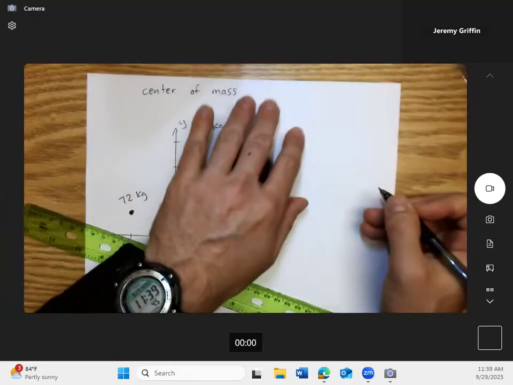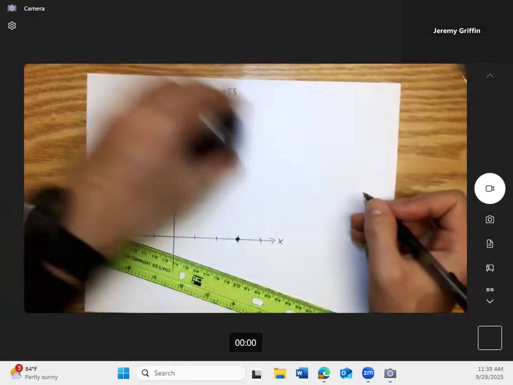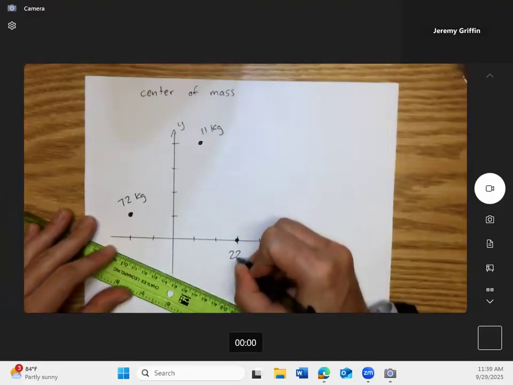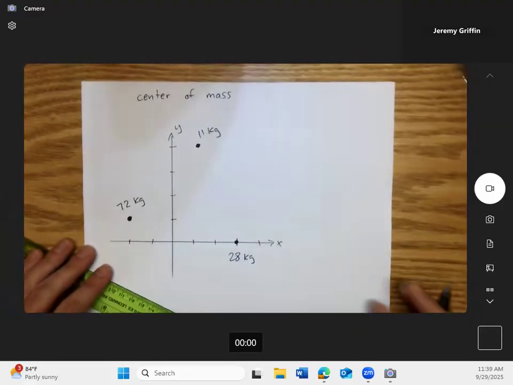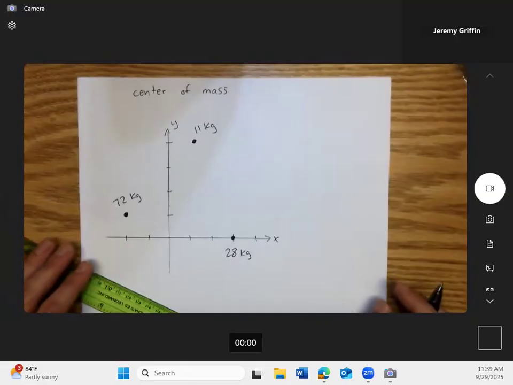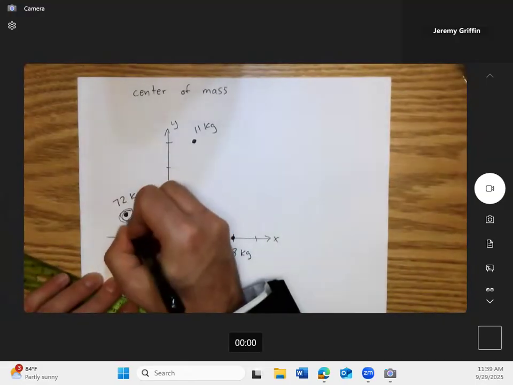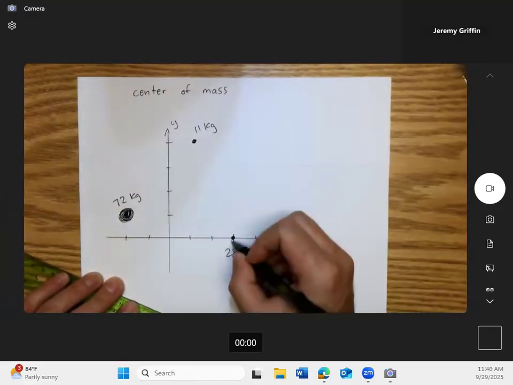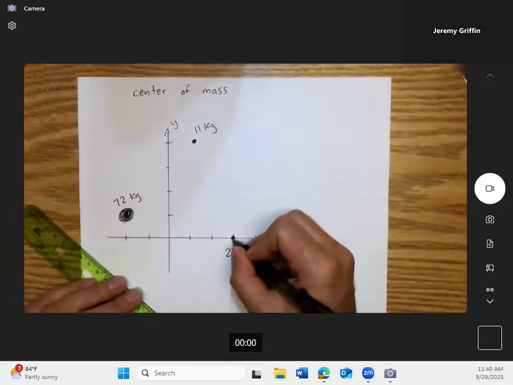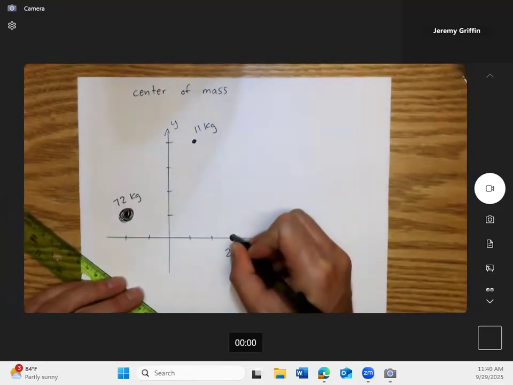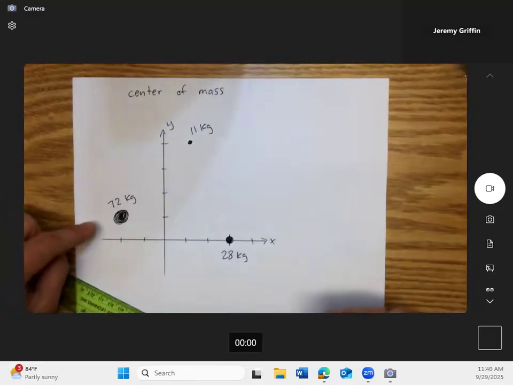And 28, so this guy could be 28 kilograms. Okay, so those are the masses. You guys got that? Now I'll make the heavier ones larger. This might be a really, really big mass right here. That one's the smallest one, so I'll just leave it alone. But this one looks about 2 or 3 times as big.